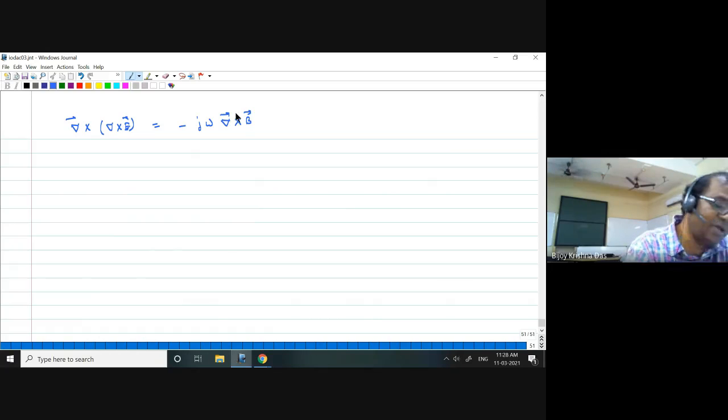And then the curl of B expression I know from the previous step. So I can write minus j omega curl of B equal to j omega mu 0 D, or epsilon 0 or c square, you can write that. It's not a problem.